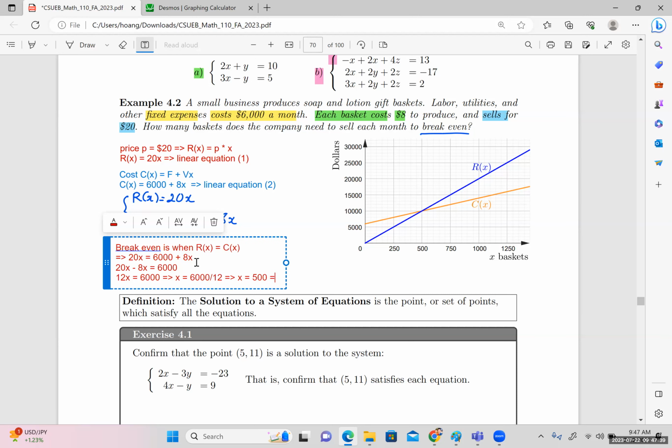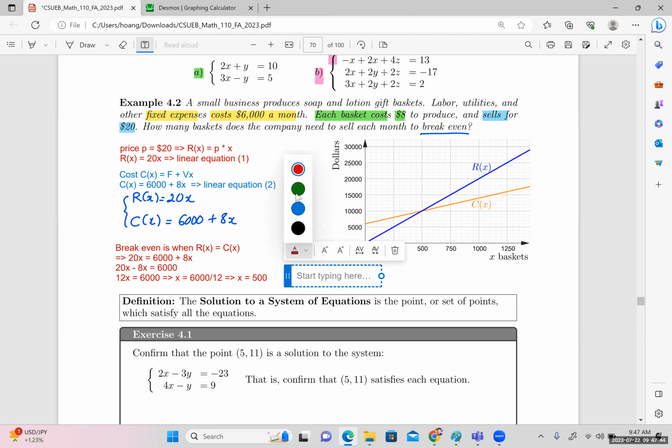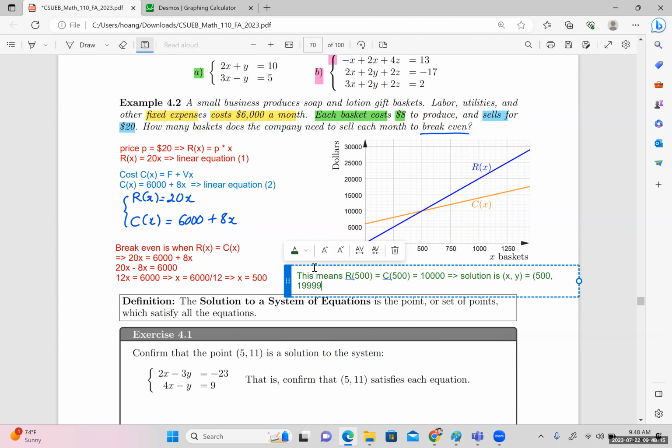So this means the revenue at 500 will be the cost at 500, and it will be equal to 10,000. The solution is in the form x and y, which is going to be 500 and 10,000.